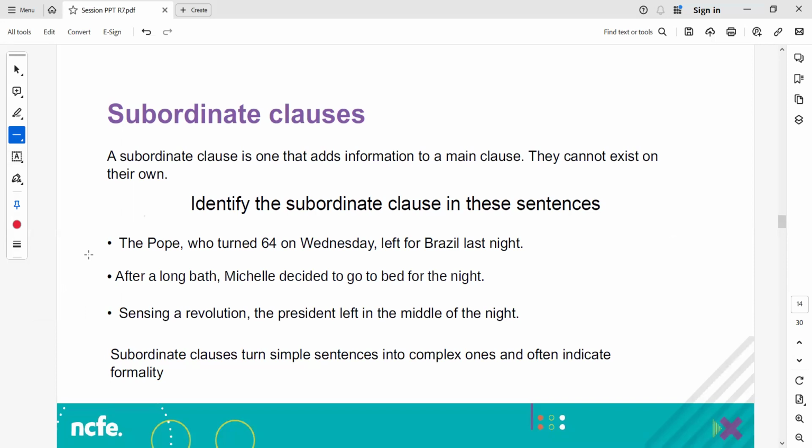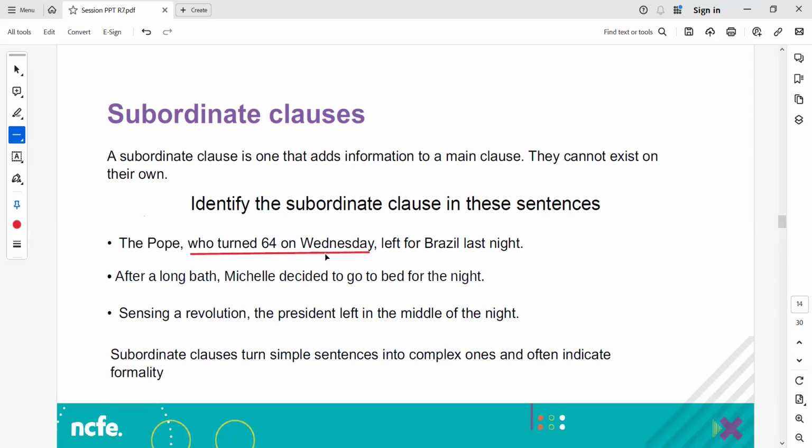Is who turned 64. Good. Yeah. So the main clause is that the Pope left for Brazil last night. But we've been given some additional information. The Pope had his birthday on Wednesday. He was 64. Okay, so that's the subordinate clause.